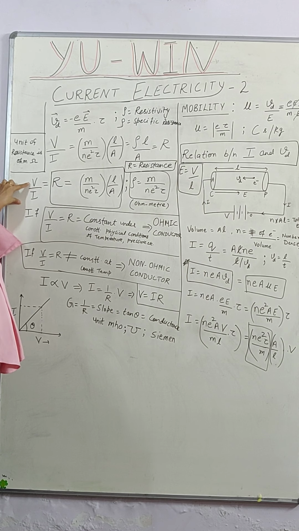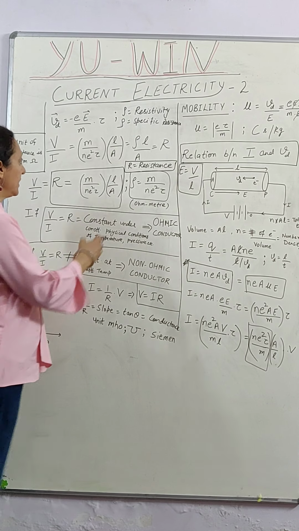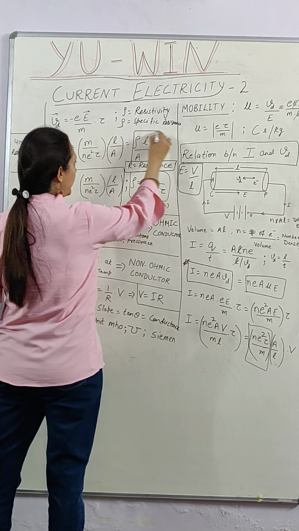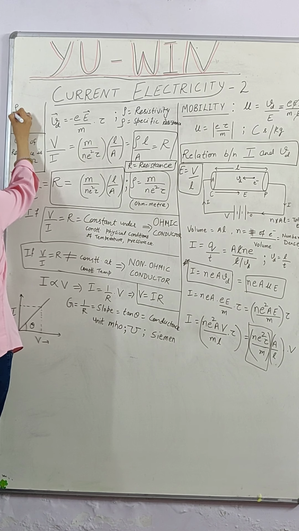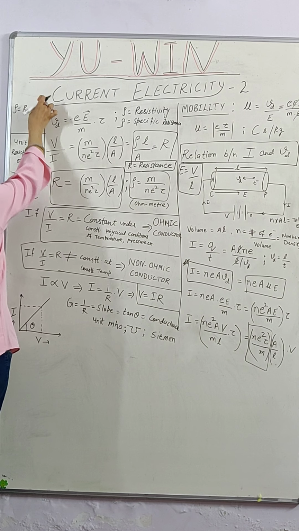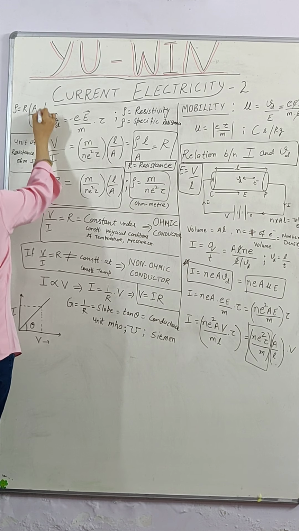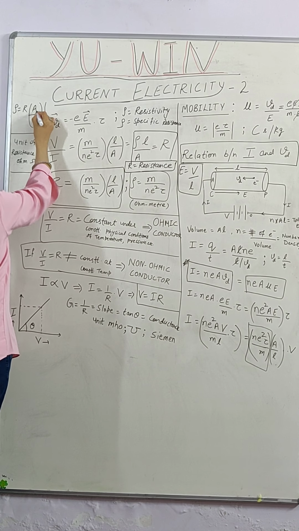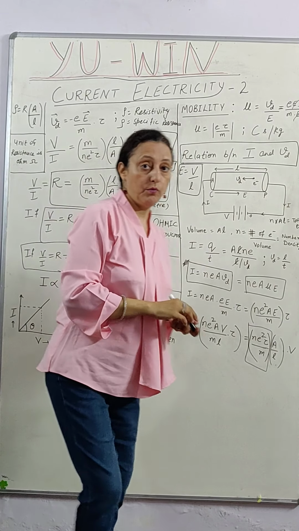Potential we all know, work done per unit charge. Current is a standard unit, and you can make the dimensions also. And if I talk about resistivity, I take this expression R is equal to rho L by A. From here I can also write that rho is equal to R A by L. If I take unit area of cross section and unit length, then rho comes out to be equal to R. What does it mean?